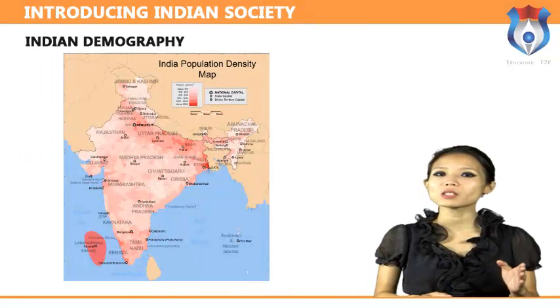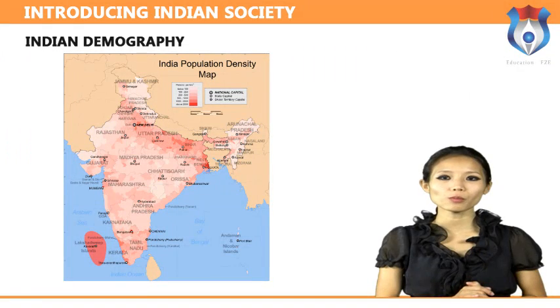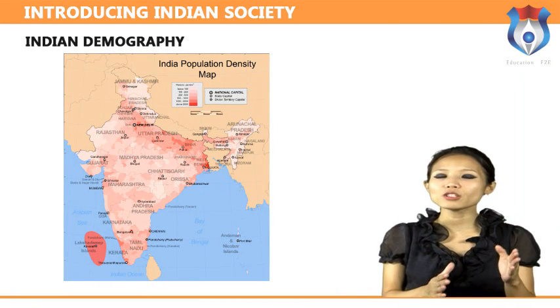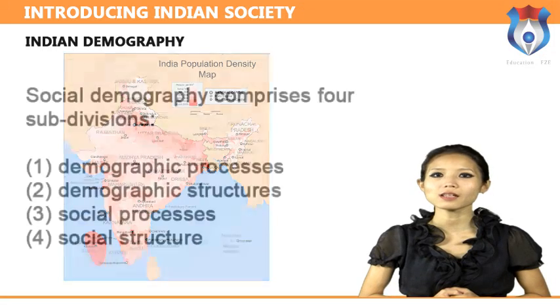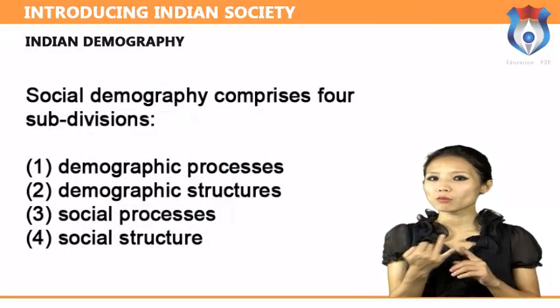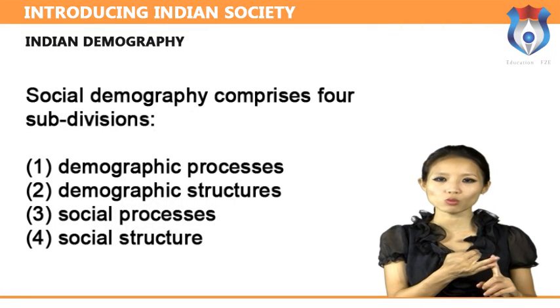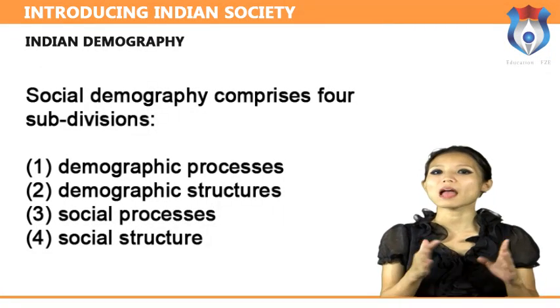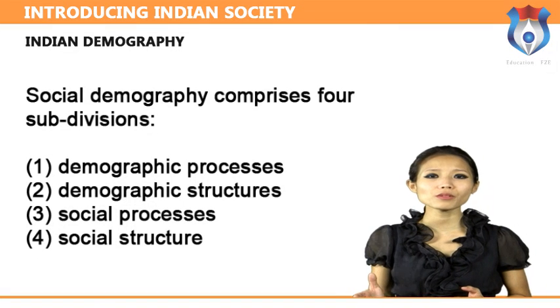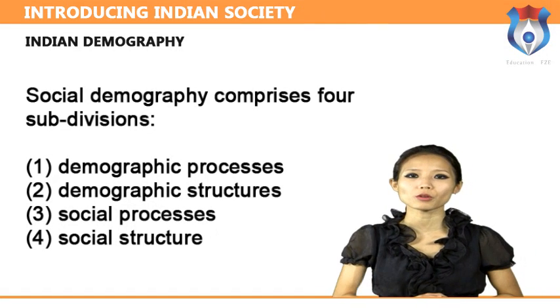Social demography is based on the premise that social processes and social structure regulate demographic processes and demographic structures. Thus, social demography comprises four subdivisions, namely demographic processes, demographic structures, social processes and social structures. Looking at this, what are the characteristics of Indian social demography?